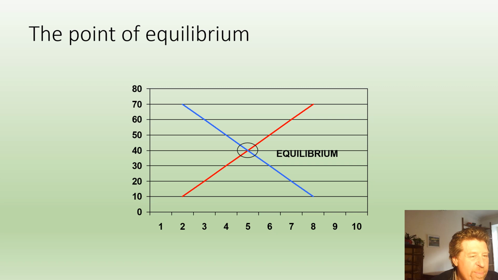This is the equilibrium point. This will be where the consumers, there will be 5 million consumers happy with €40, and the producers will be willing to produce 5 million at €40. So we can see they both agree here. And this is where the price is set and where the quantity is set for the market.